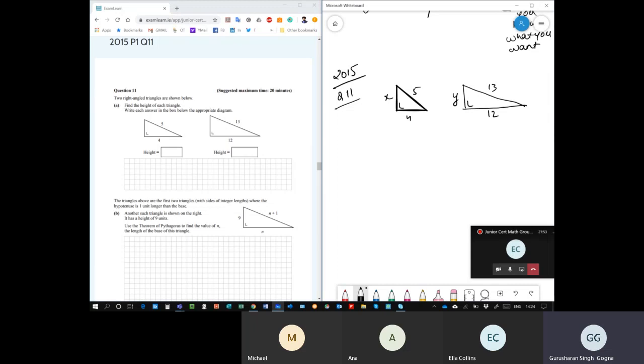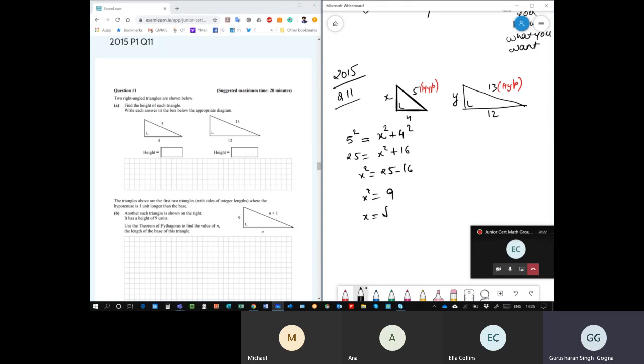So let's apply the Pythagoras theorem. You can clearly see that this is your hypotenuse in this triangle, because it is opposite to the 90-degree angle. So 5 square equals x square plus 4 square. 25 is 25, and 4 square is 16. So x square equals 25 minus 16, which is 9.